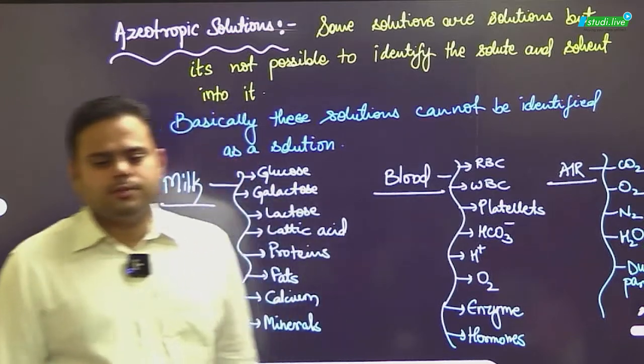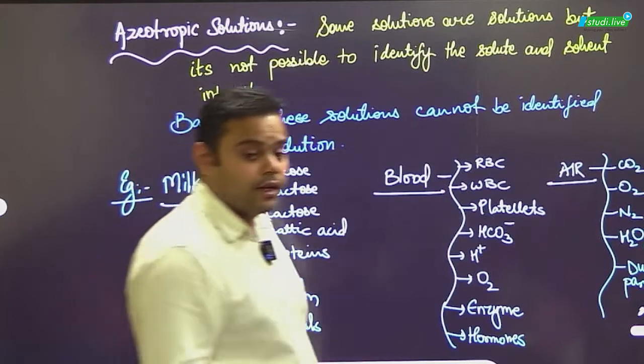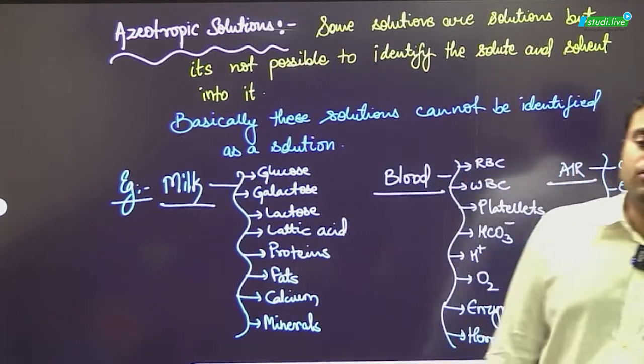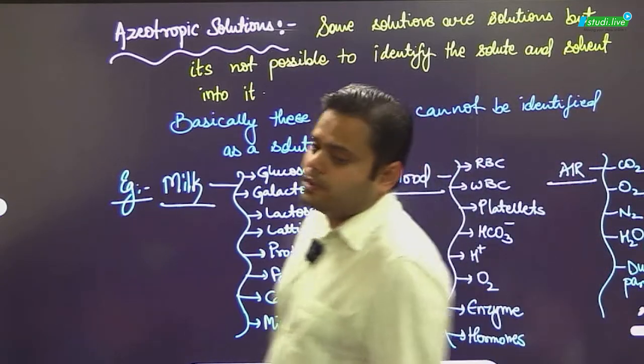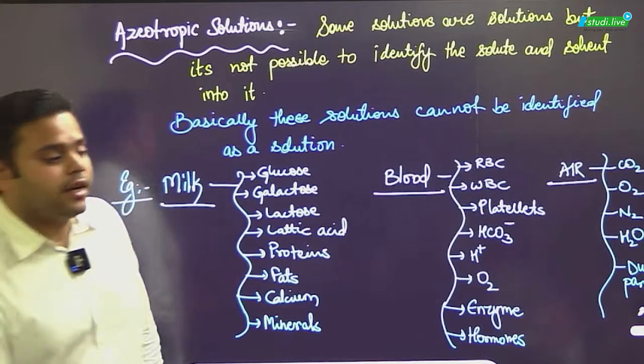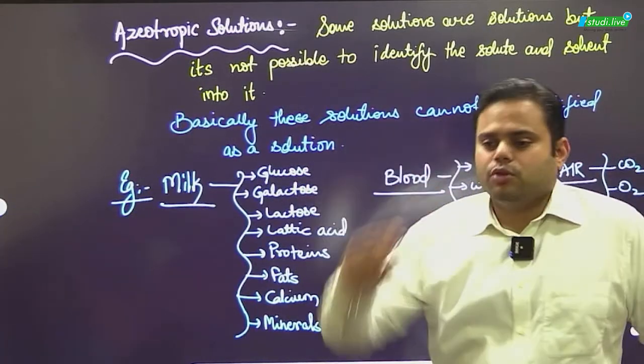So all of this is present in air. Looking at it, can we identify? No, cannot. Can the solute and solvent in these examples be separated easily? No. Can they be identified easily? No. They are azeotropic solutions.